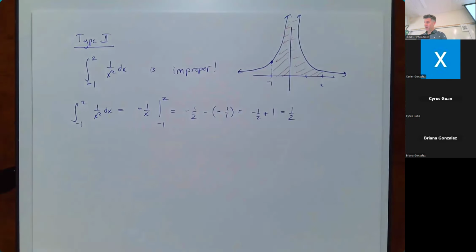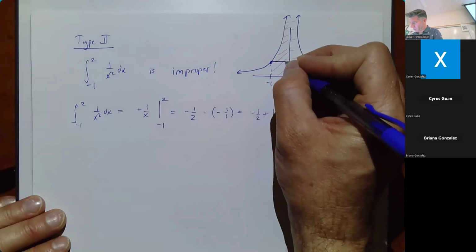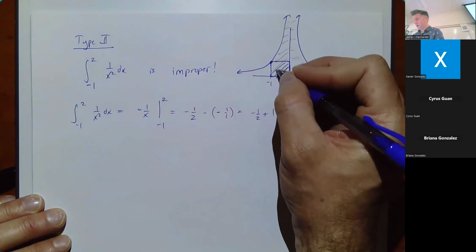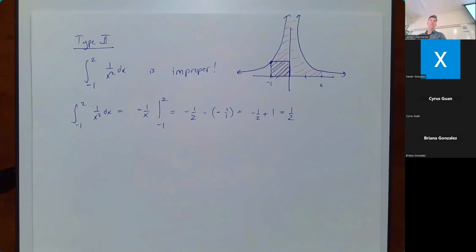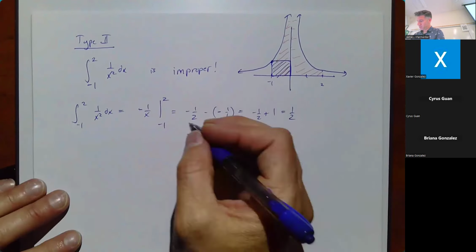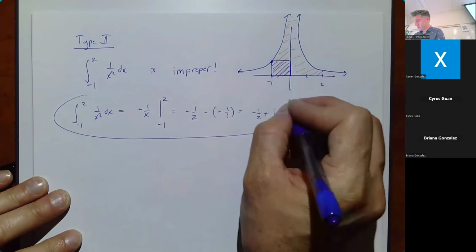I mean, specifically, the area of this little portion right here is a square whose base and height are 1. The area of that square is 1. So this is not right. So all of this is wrong.